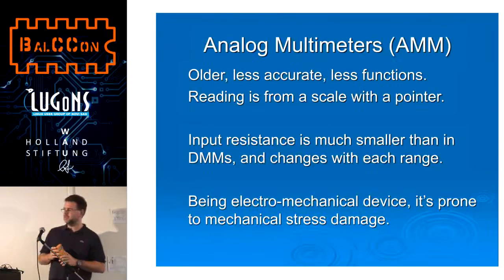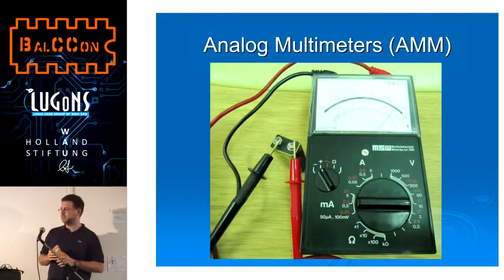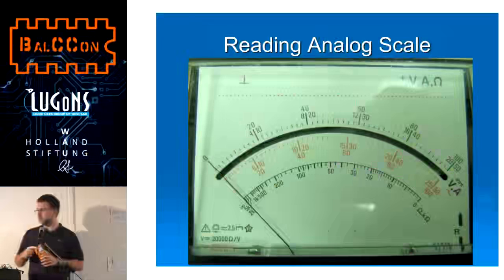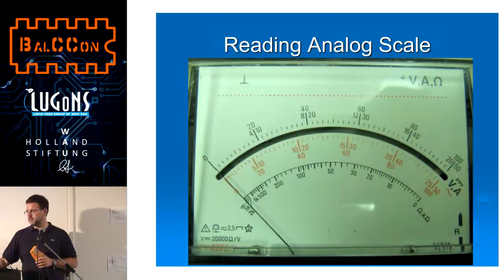Here's measuring a 9-volt battery. Ranges are almost the same as on a digital multimeter, but what you have to know is how to read this scale. You'll see a bunch of numbers here. First, you decide what you're going to measure. You have a separate scale for voltage and current, and depending on what range you are going to measure, you see you have ranges 1,500, 250, and so on.